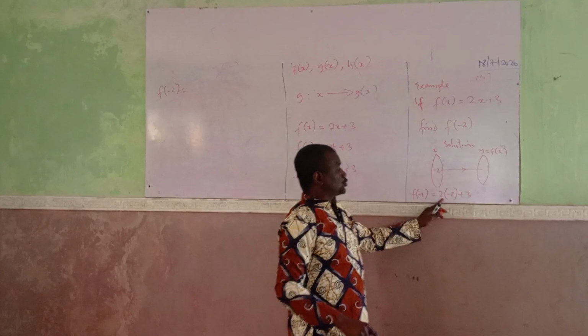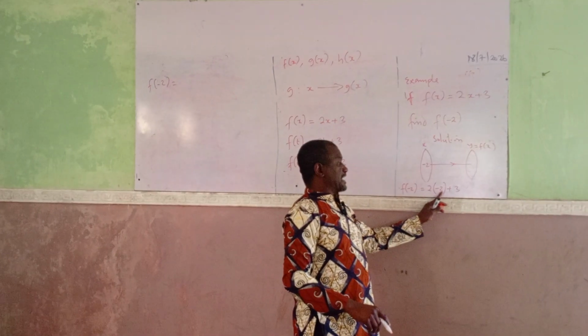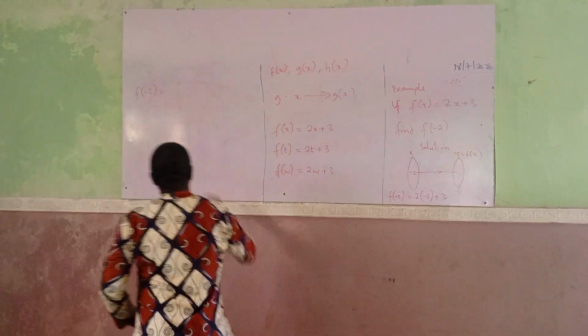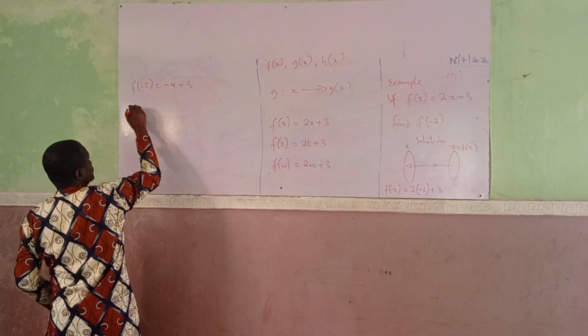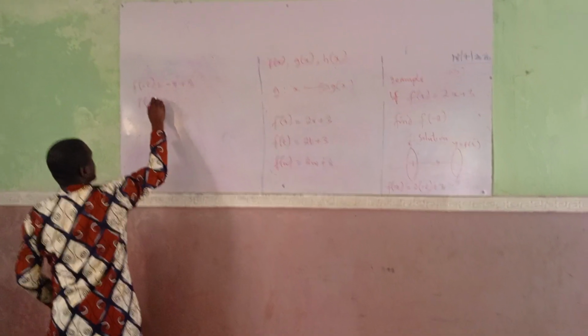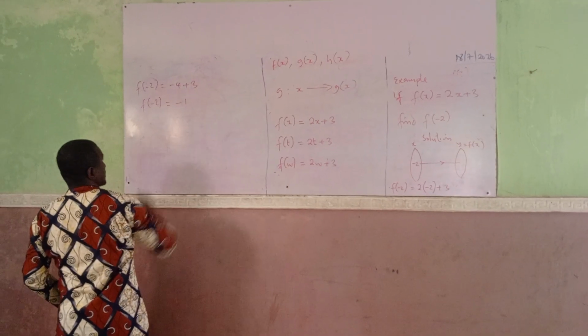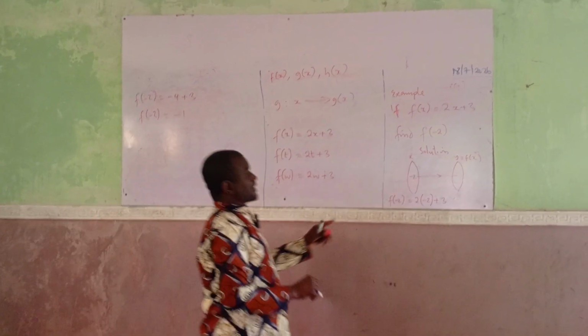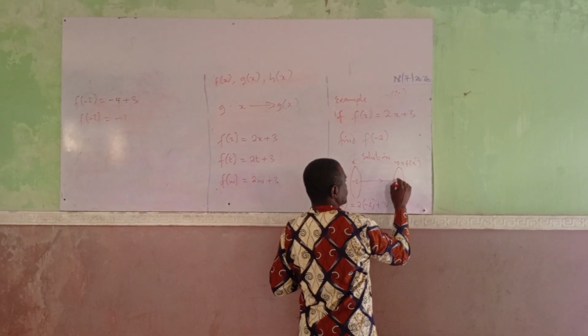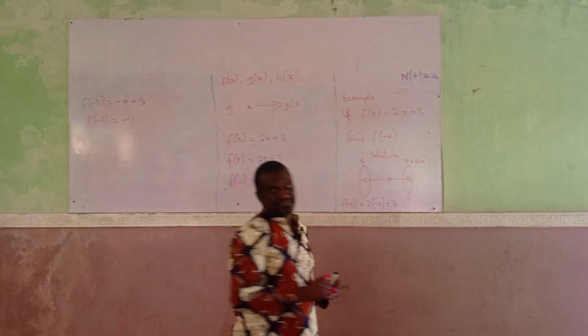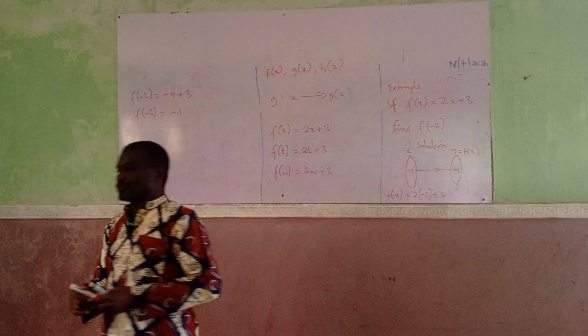So here we have 2 times minus 2, which is minus 4, plus 3. So f of minus 2 will be equal to minus 1. That means the image of minus 2 is minus 1 in the codomain.